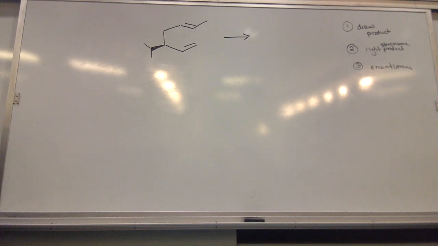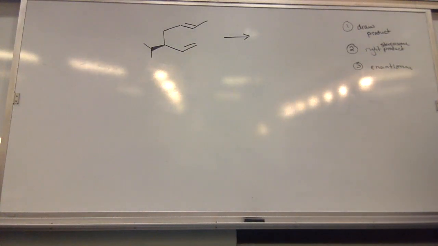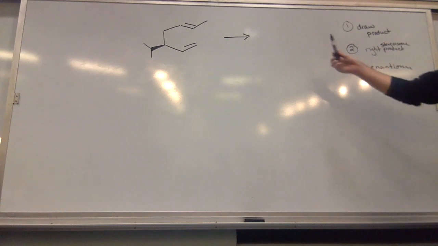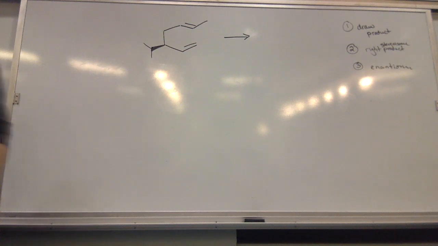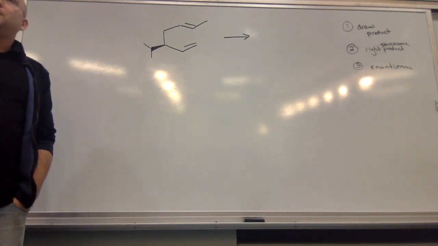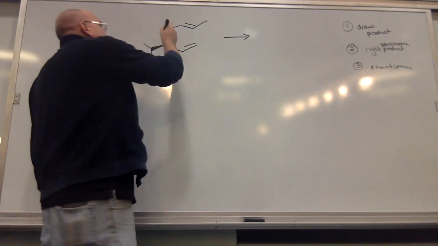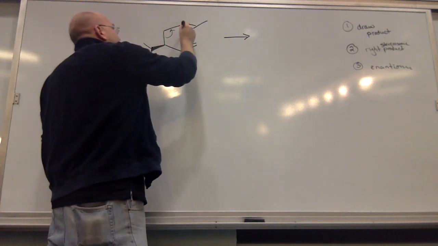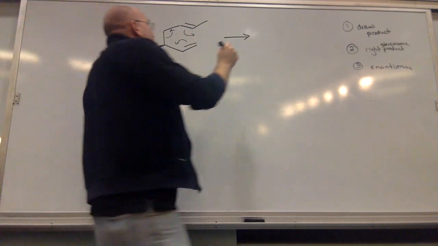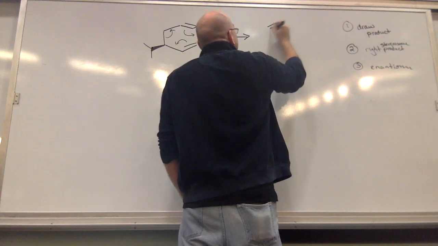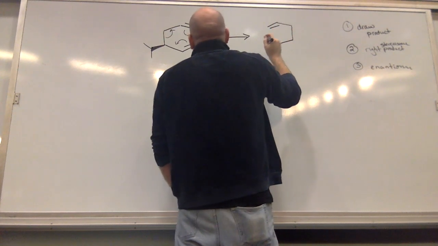Okay, it's 10:30. Maybe we'll just jump to the first one, because it's kind of a you-know-it-or-you-don't. So what is the product of the Cope? It's kind of sort of right. We have to picture where our electrons are going. I'm not going to discuss stereochemistry here, I'm just going to show where everything is.